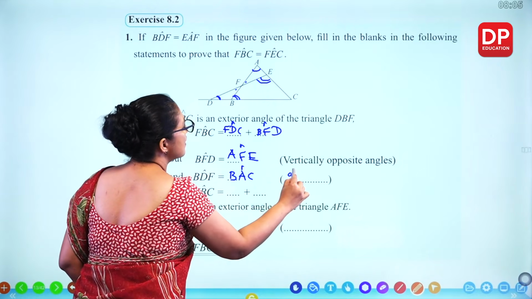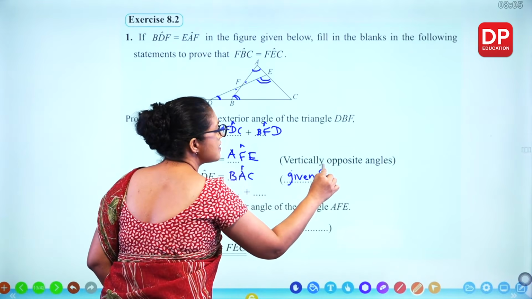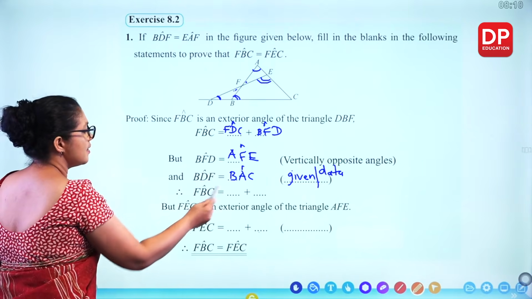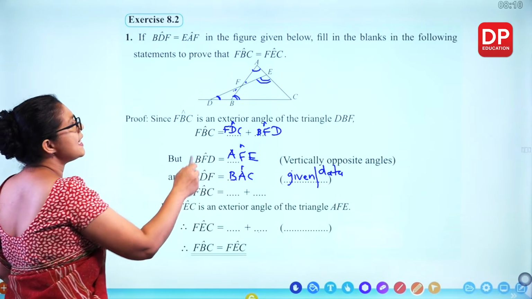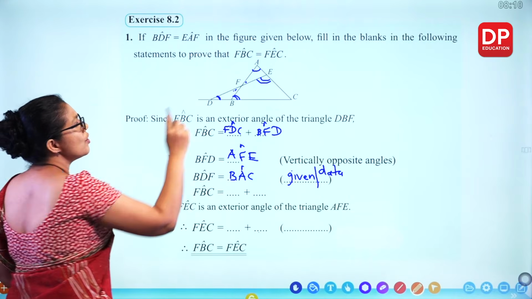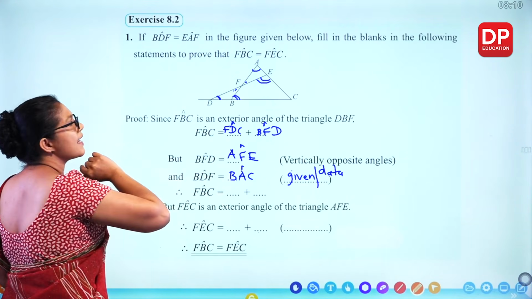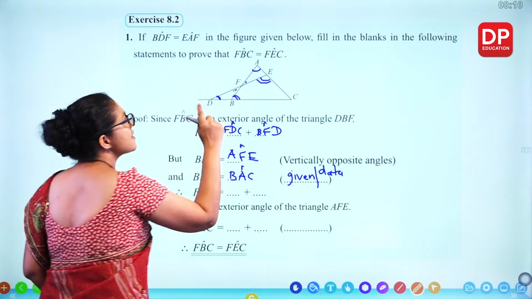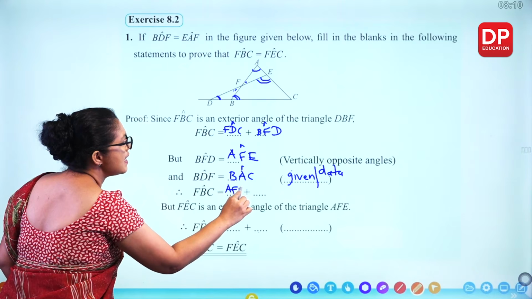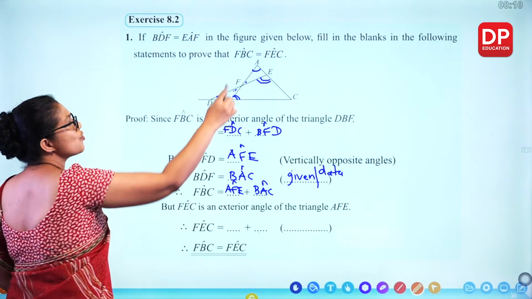It's given data. Now what can we say about FBC? FBC, this angle is equal to these two angles. So instead of this angle, I can write this and this. So I can write this is equal to AFE angle plus BAC angle, these two.